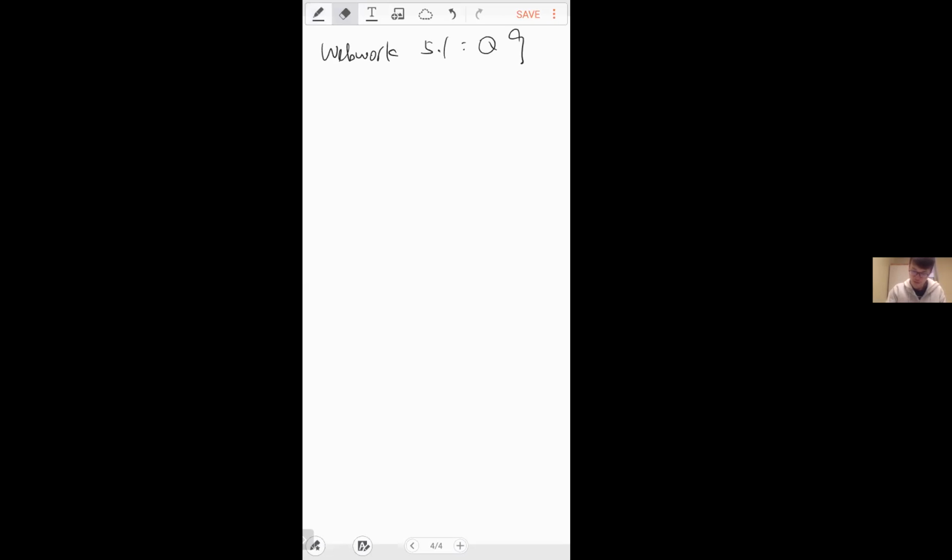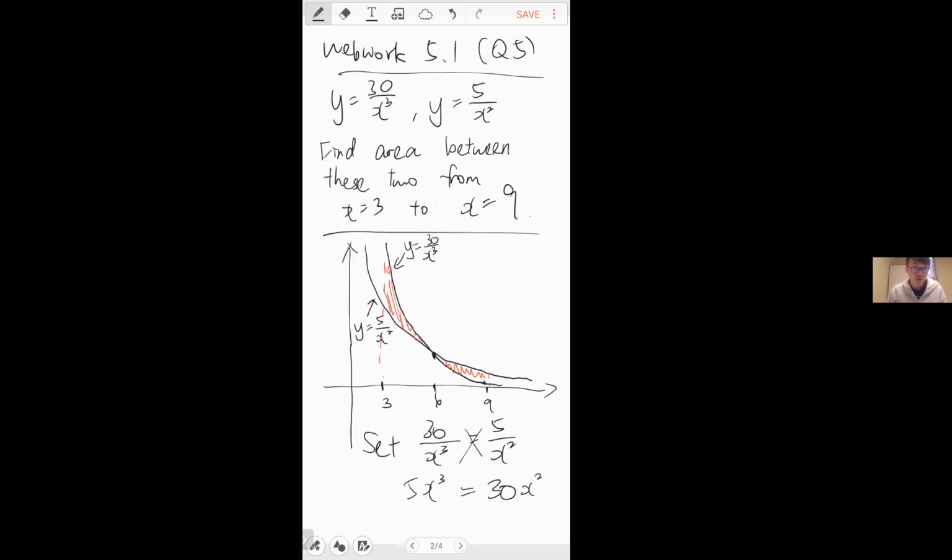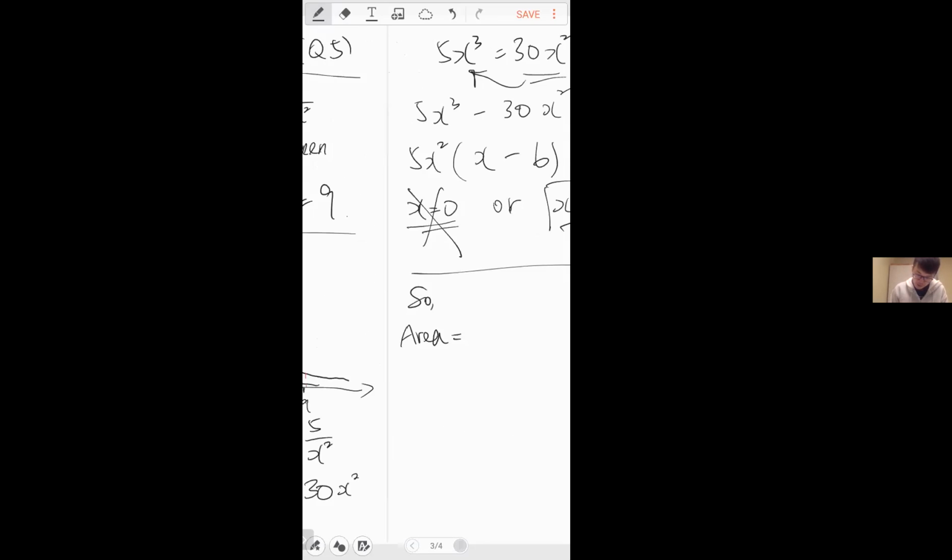Okay, we should go back to this. So we need to compute two integrals. One is from 3 to 6, and then the second one is from 6 to 9.